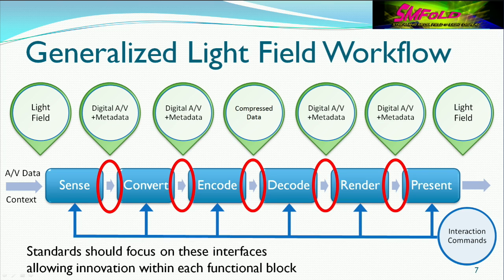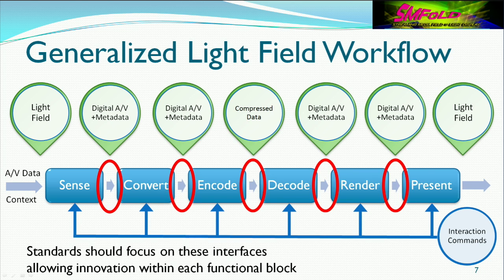And then coming in at all these points are data and metadata. So the way I kind of simplistically view this is the standards activity should focus on where those interfaces are. We would like to have several, maybe one, formats in each of these circled areas that is standardized to allow the free exchange of information and metadata between those block diagrams.